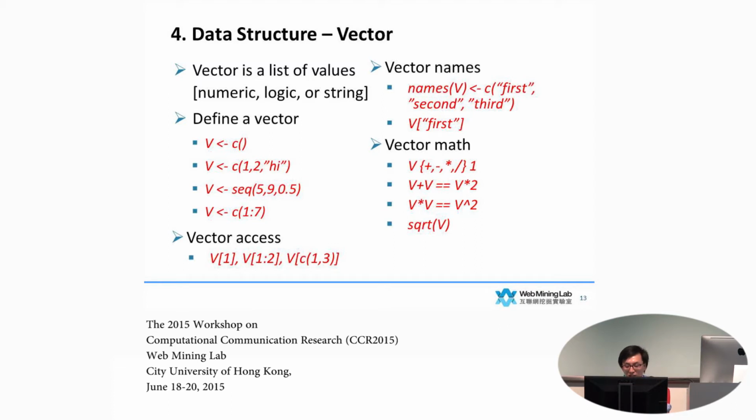It looks like the numerics 1 and 2 have been changed to strings. R has forced the numeric values to be strings to keep all values in the same type. Okay.